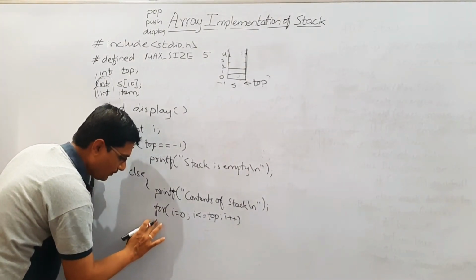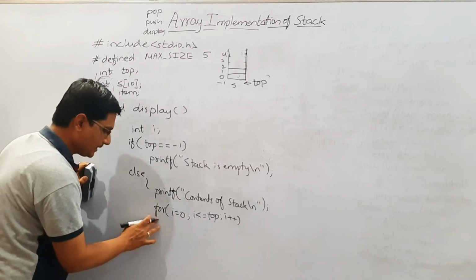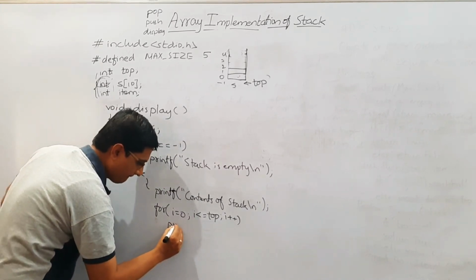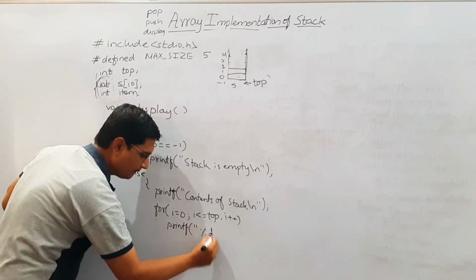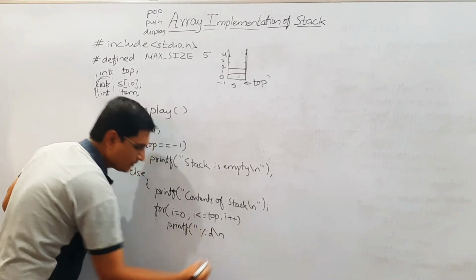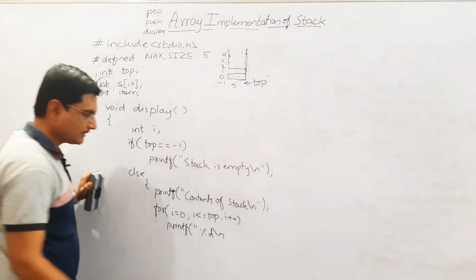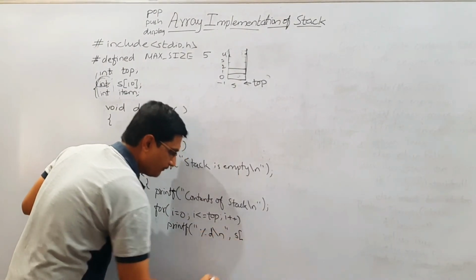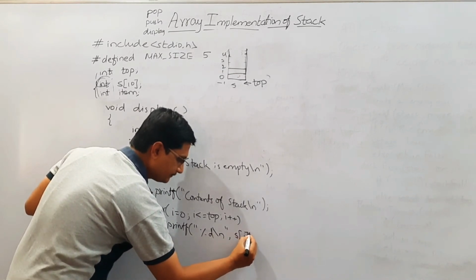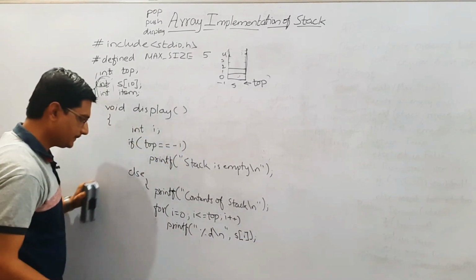So in this for loop I need to have a printf statement, print %d. If I want to print each item in one line, then \n, s of i. That's it.